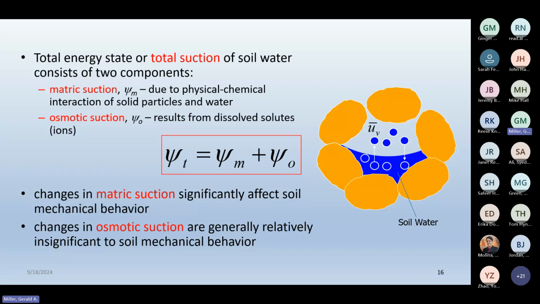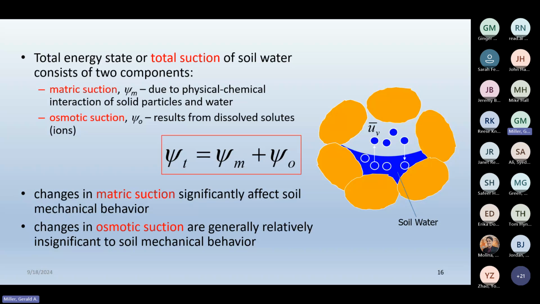And the problem is this, what we call osmotic suction, that results from the dissolved solutes, does not have the same physical effect on the stress state as the matrix suction, the capillary portion of that. And really, it's the matrix suction that's of most interest to us generally in terms of looking at mechanical behavior of soils.